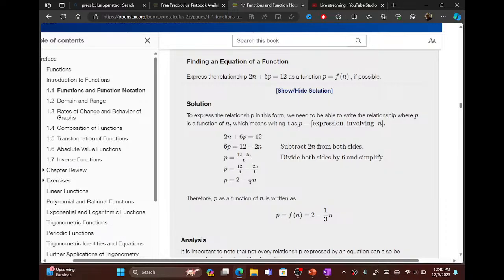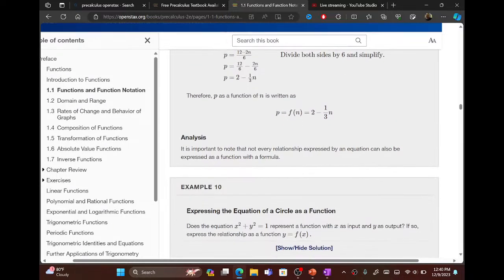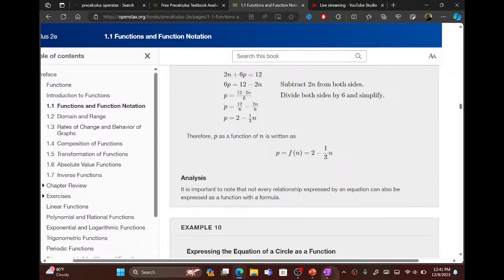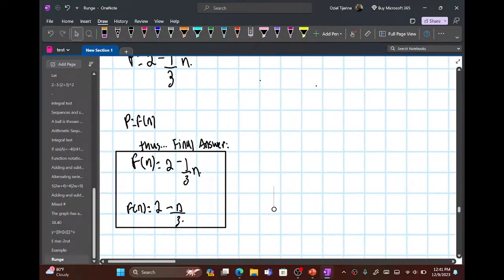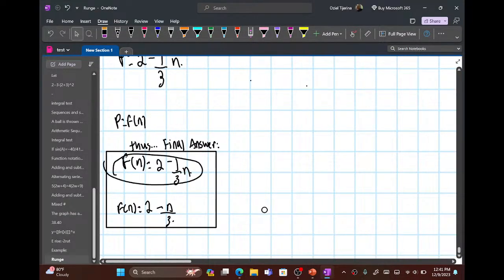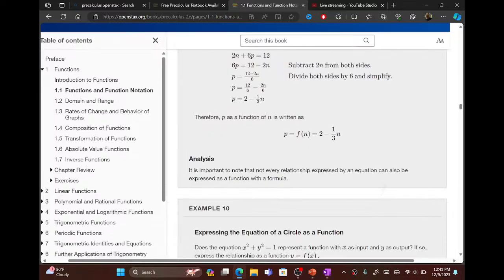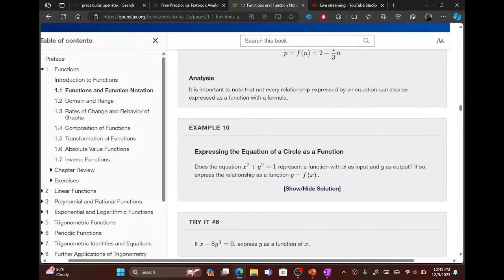Again, it's the same thing: 2 minus 1/3 n. It doesn't matter though. Really, this is the more common type of way to do it. If your professor or your teacher takes off points because you put the n on top, to me, that's kind of stupid, but everybody is different.